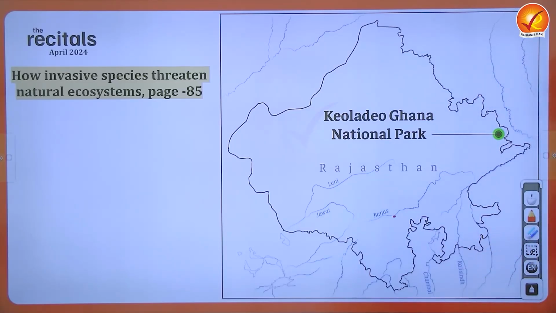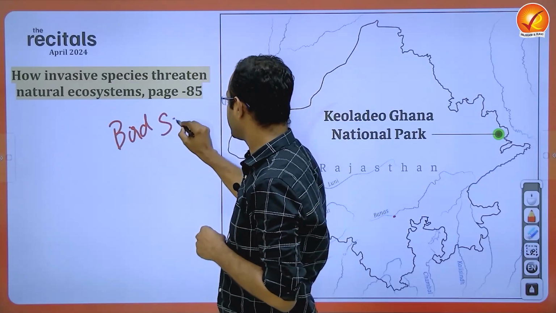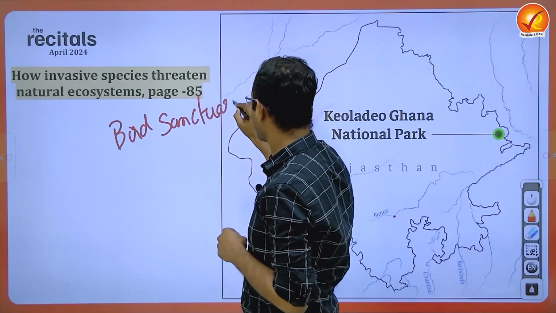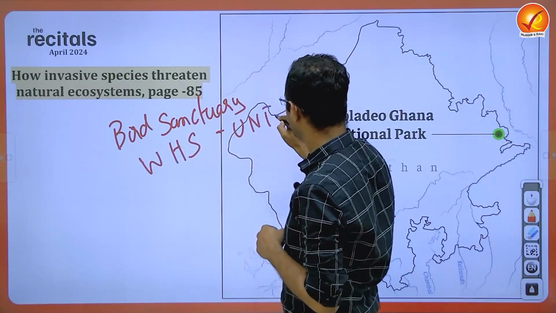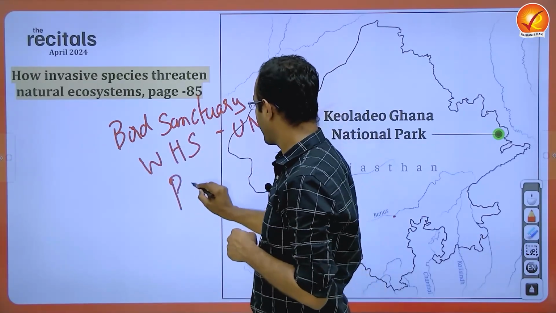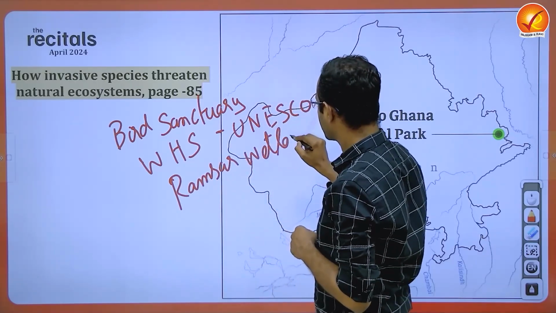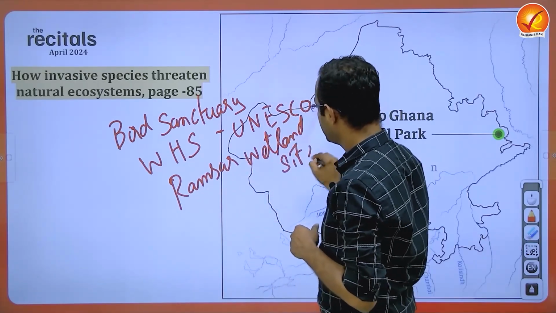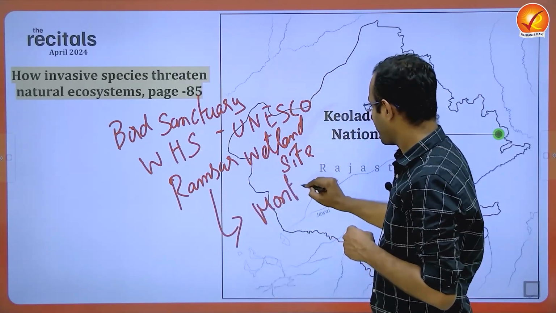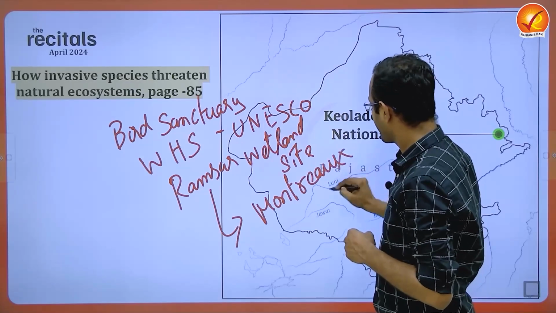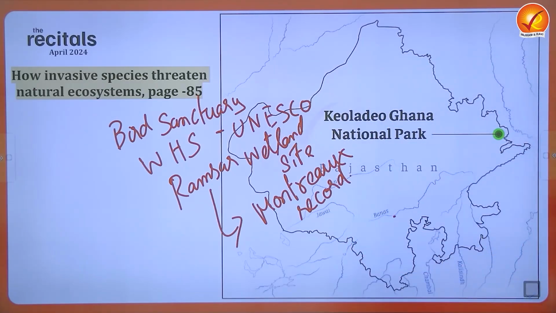The significance of Keoladeo National Park is that it is a bird sanctuary, a UNESCO World Heritage Site, and a Ramsar wetland site, also located under the Montreux record.